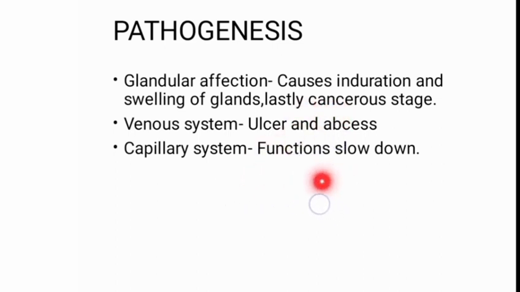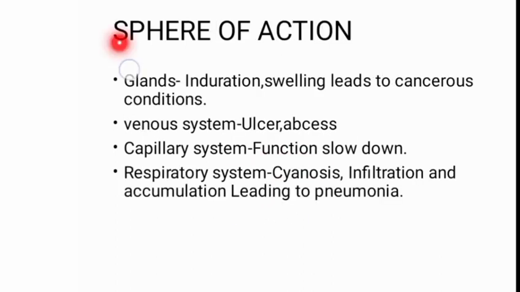The sphere of action of carbon is mainly the glands we discussed, the venous system including abscess, and the capillary system causing slowed function. In the respiratory system it causes infiltration and pneumonia with cyanosis, due to accumulation of fluid.